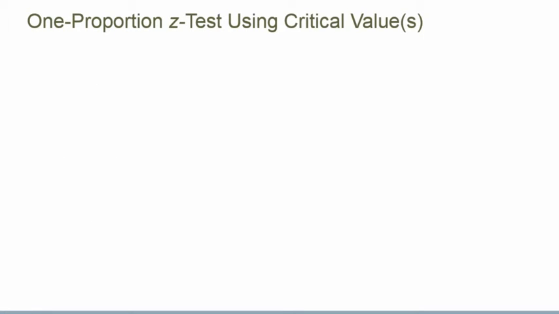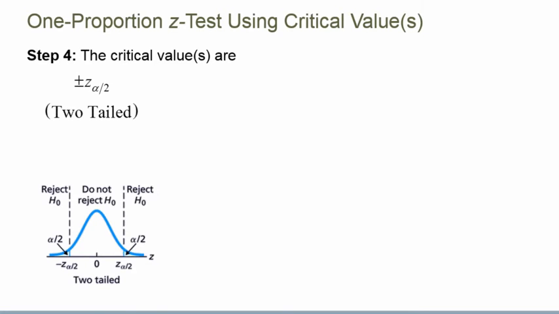One proportion Z test using critical values. Step 4. The critical values are plus or minus Z sub alpha divided by 2 for a two-tailed test, where the rejection region is to the left of negative Z sub alpha divided by 2 and to the right of positive Z sub alpha divided by 2.